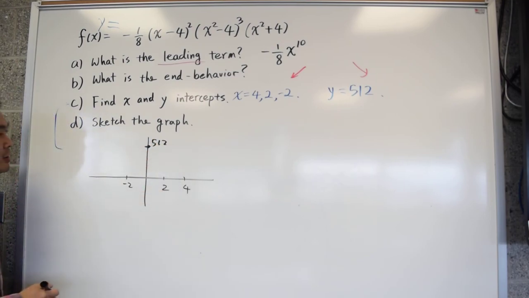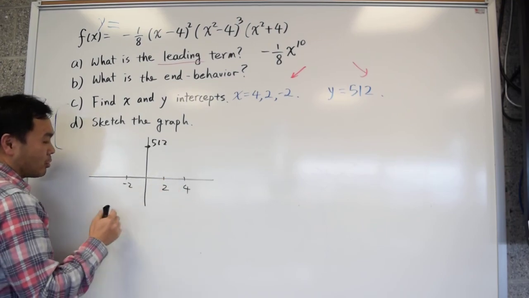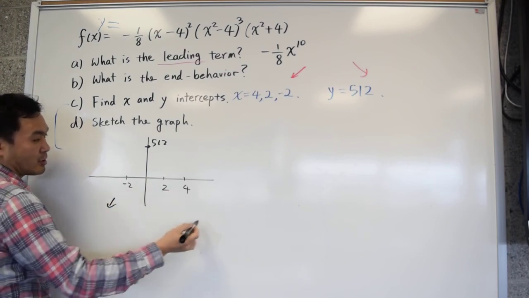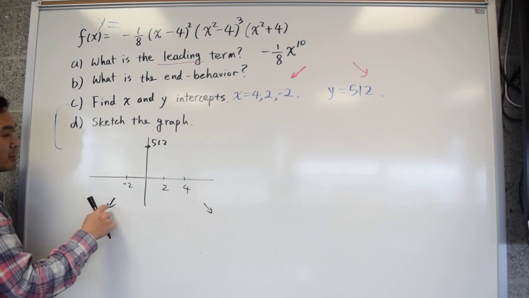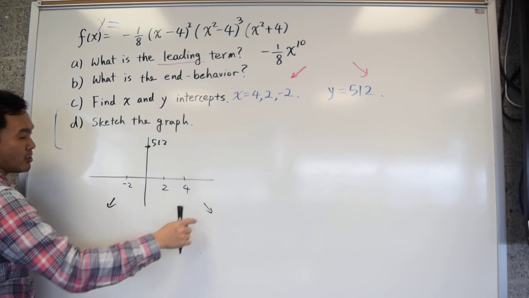Okay. All right, and it has to pass through these 3 points. Also, I know that the end behavior towards outside should be this and this. Okay, so I know that it should be passing through here and then doing something.